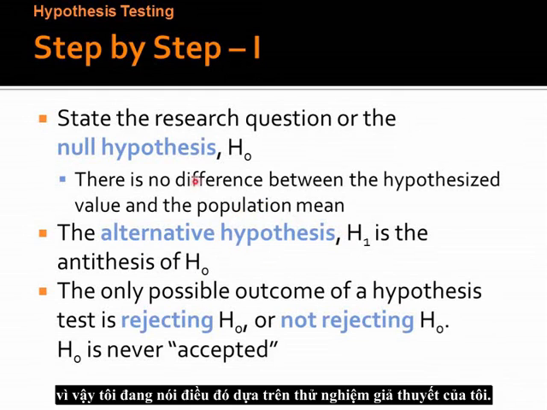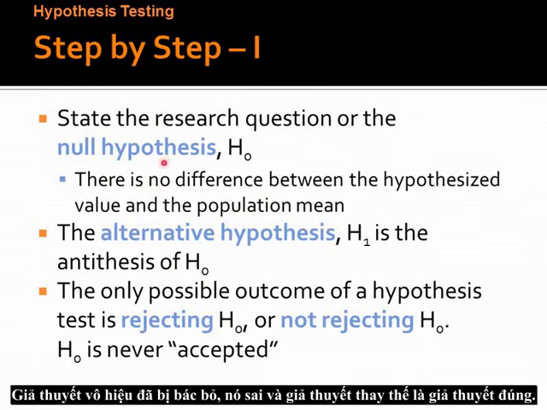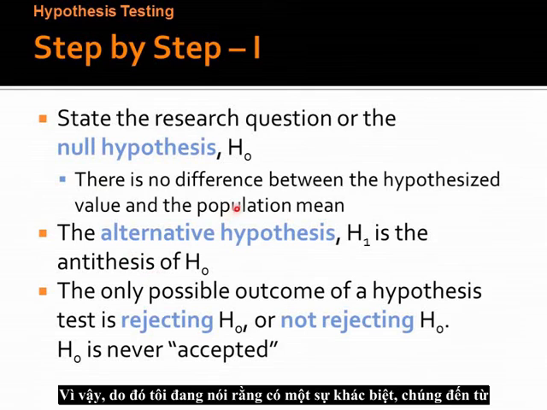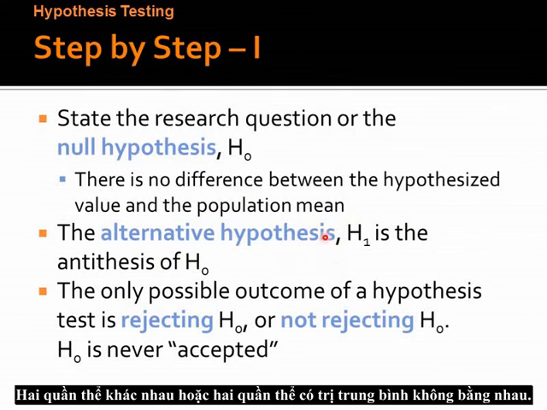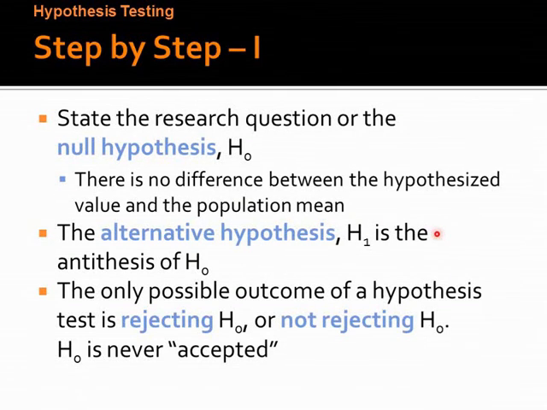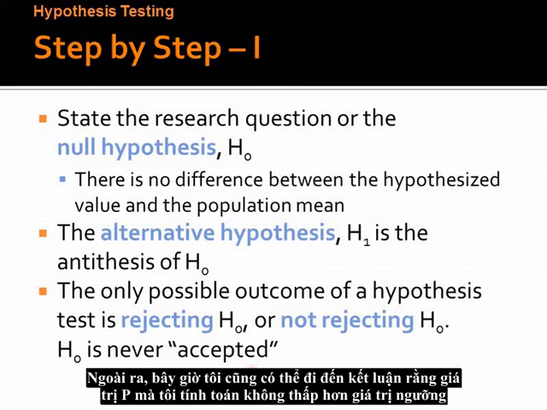So I'm saying that based on my hypothesis test, the null hypothesis has been rejected, it's false, and the alternative hypothesis is the correct one. So therefore I'm saying that yes, there is a difference. It does come from two different populations, or the two population means are not equal. Now alternatively, I could also come to the conclusion where the p-value which I calculate does not go below the cutoff value which I set.